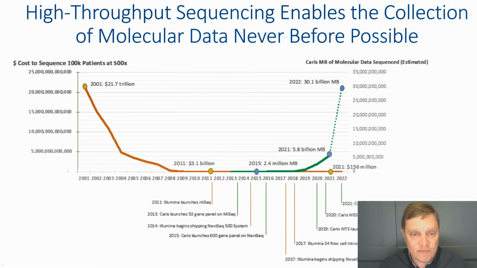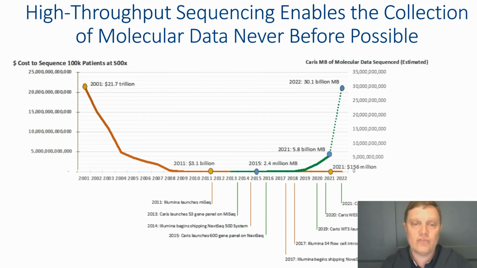it comes down to some very simple numbers, large numbers, but simple numbers. So if we normalize everything to the data required to look at 100,000 patients at 500x depth of coverage across their exome and their transcriptome, then we can start to look at the relative cost and improvements in technology.